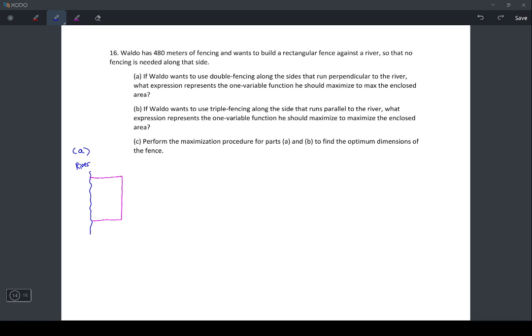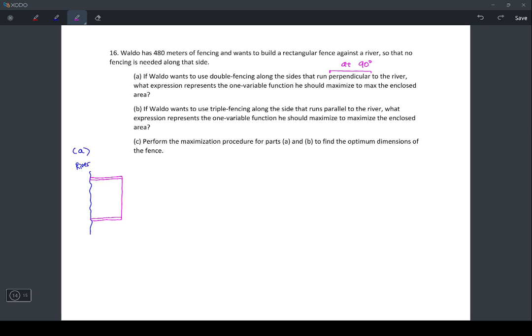Now, for part A, Waldo wants to use double fencing along the sides that run perpendicular to the river. So perpendicular means at 90 degrees to the river. So from this picture, that would be this side and this side. And if you draw your picture rotated, then your double sides will be rotated too.